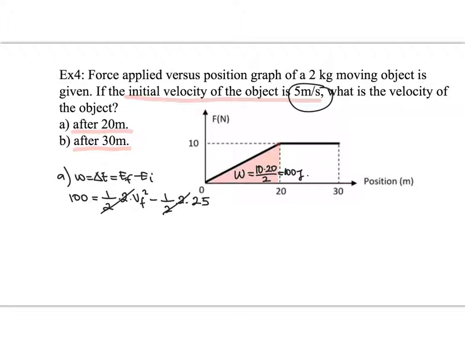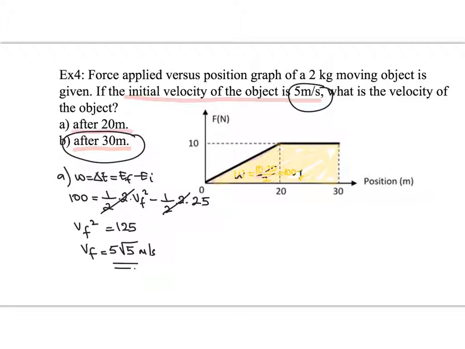So here I have V final square is equal to 125, so the final velocity is equal to 5 root 5 meter per second. Now for 30 meters, so I have to take the all area under the graph from 0 to 30 meters.